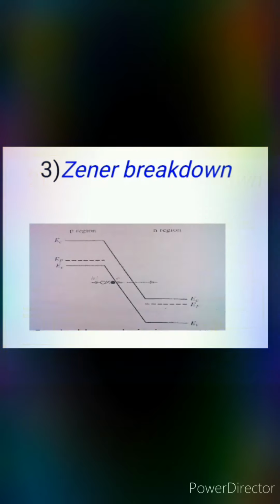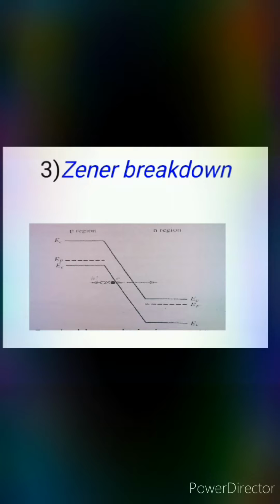So the next type of breakdown is Zener breakdown, which is somewhat linked with avalanche breakdown. Zener breakdown: when the diode is reverse biased, the kinetic energy of electrons increases and they move at high velocity. The high velocity electrons collide with each other and give rise to more free electrons.